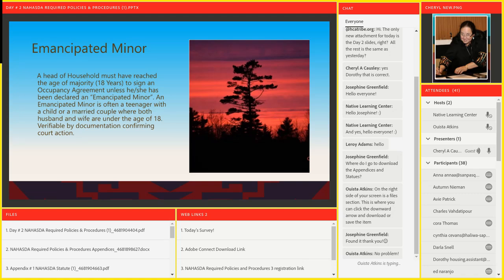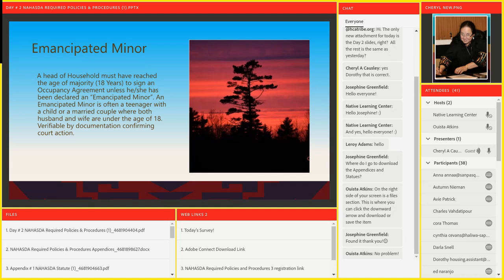So a head of household must have reached the age of majority, 18 years, and that's our standard language, to sign an occupancy agreement, unless he or she has been declared an emancipated minor. An emancipated minor is often a teenager with a child, or a married couple where both the husband and wife are under the age of 18, verifiable by documentation confirming that court action.